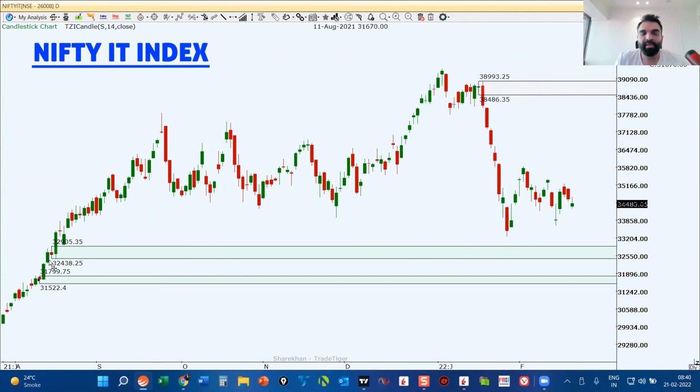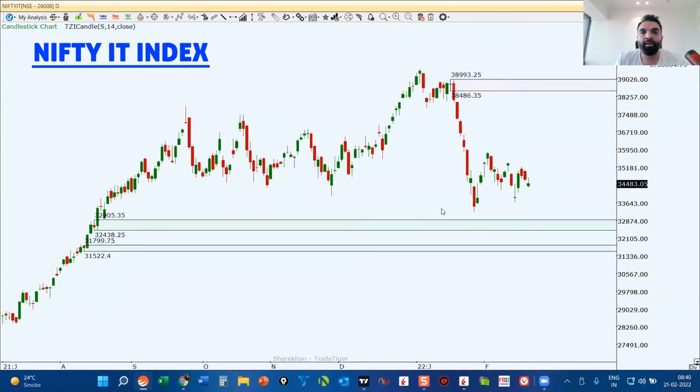Because this level of demand is coinciding with the weekly level of demand, it is very crucial for the price to either remain in this area, or we might expect to see a bounce coming out of this area. So depending on where the price is right now, we expect all the IT related stocks to be in the consolidation to bullish mode.